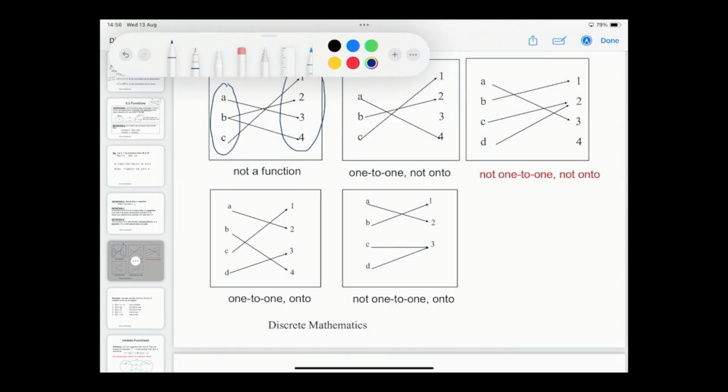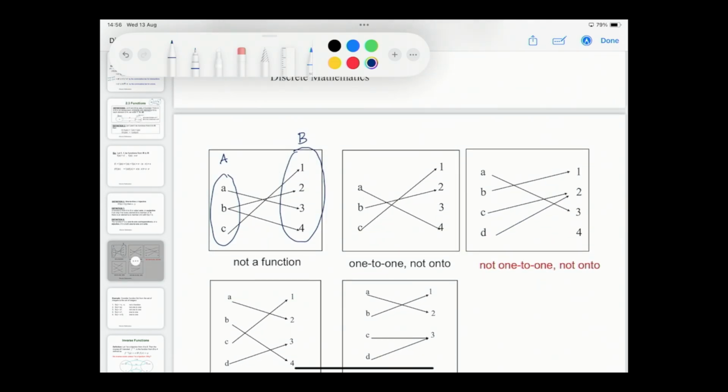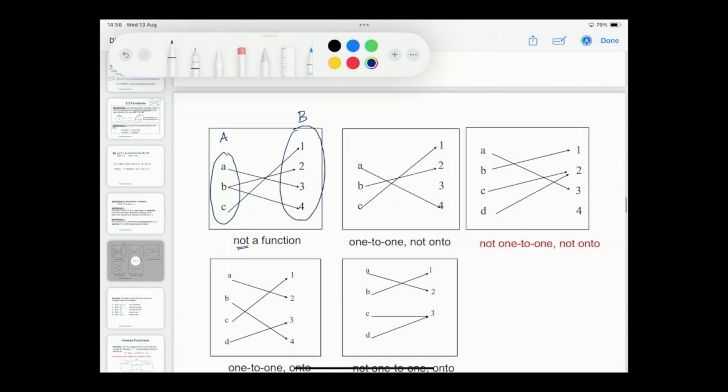That's the reason this is not a function. But the other cases shown here are functions, where only one element of B is mapped to A.